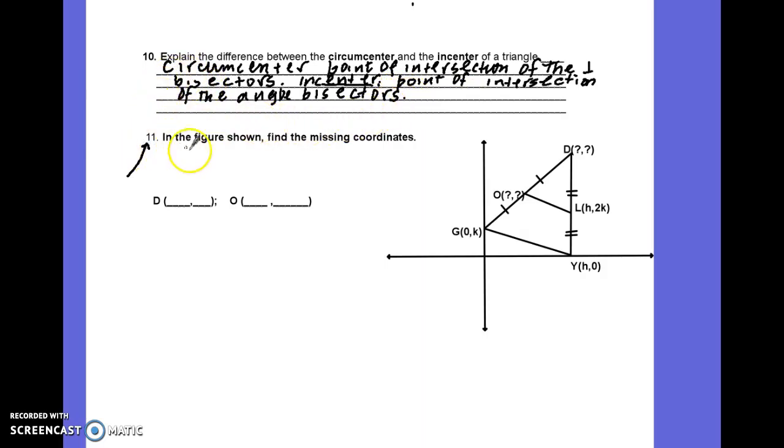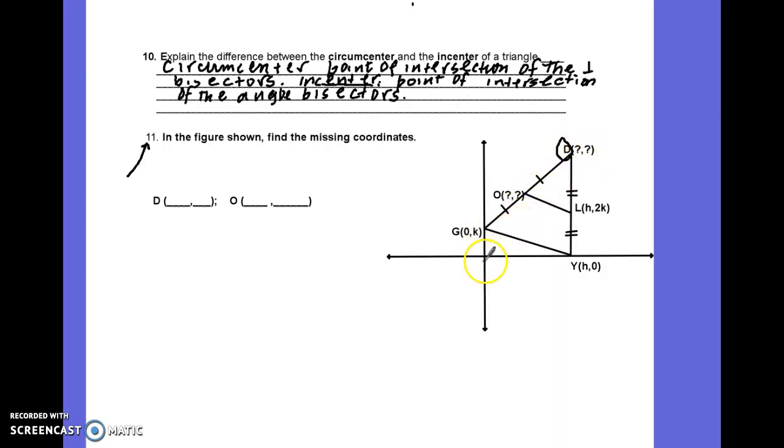All right, let's take a look at something a little bit different. This goes back to midsegment and finding coordinates and so on. Look at number 11. It says in the figure shown, find the missing coordinates. So we're missing the coordinates for point D, the x coordinate and the y coordinate.